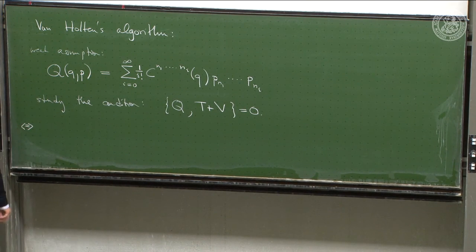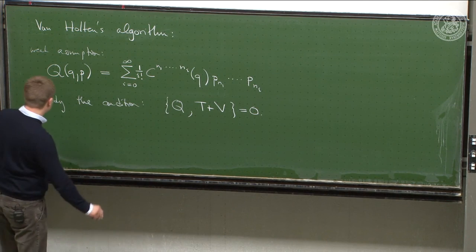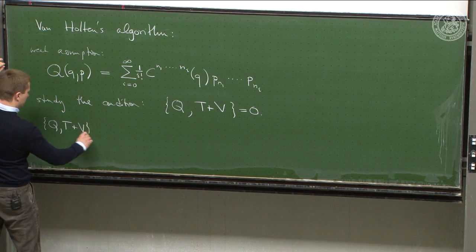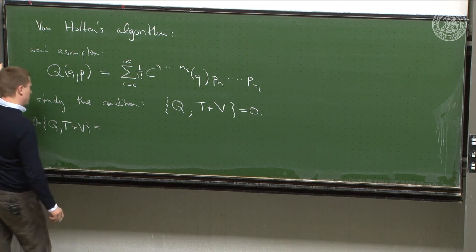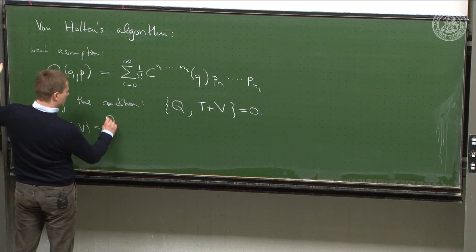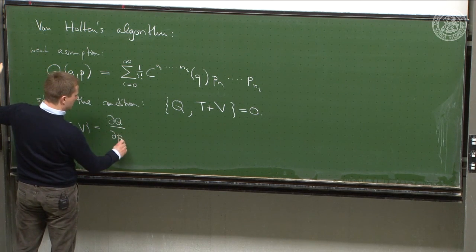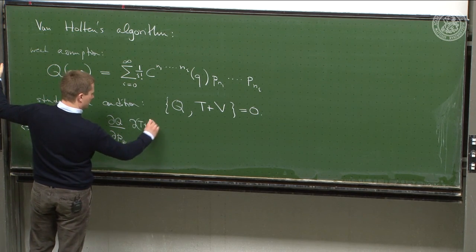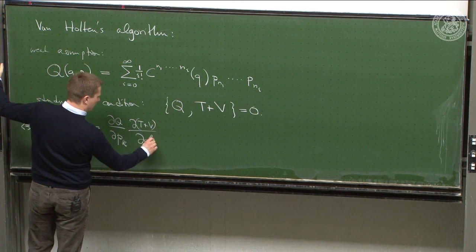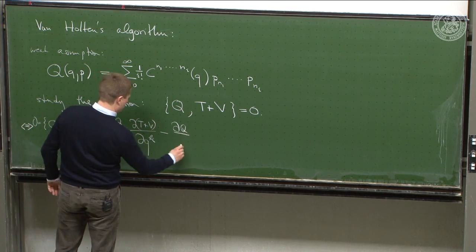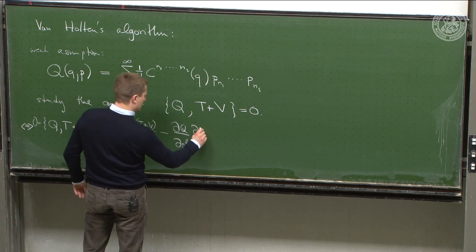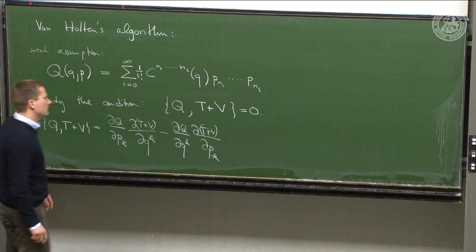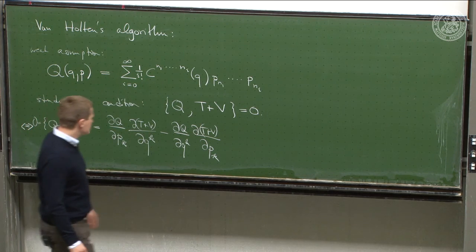The Poisson bracket of Q with T plus V is 0. And what is this Poisson bracket? It's dQ by dp_k times d(T plus V) by dq^k, minus dQ by dq^k times d(T plus V) by dp_k. So what is this?